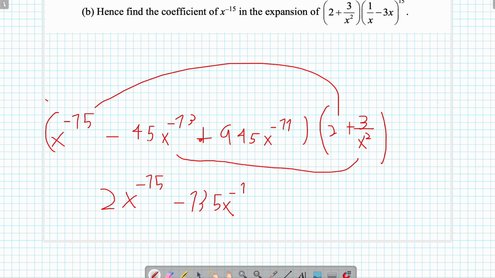And that's all that we can make into x to the negative 15. So then we're gonna add 2 minus 135, which will give us negative 133 x to the negative 15.